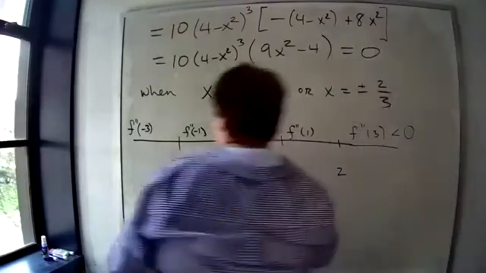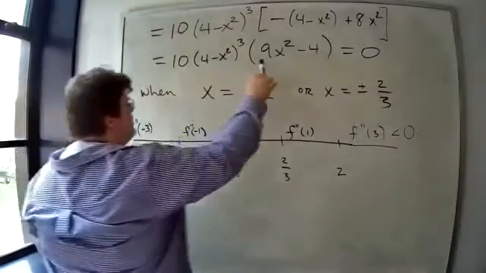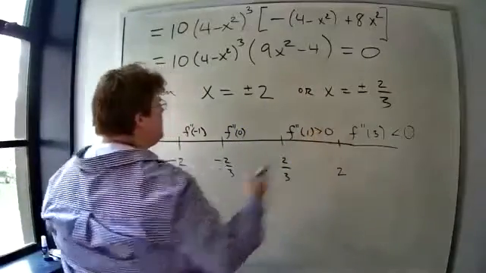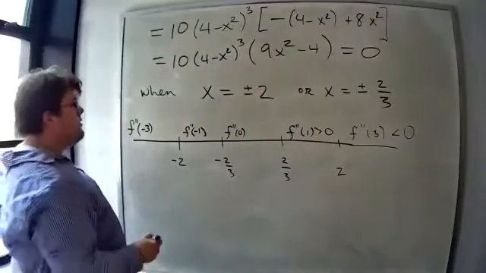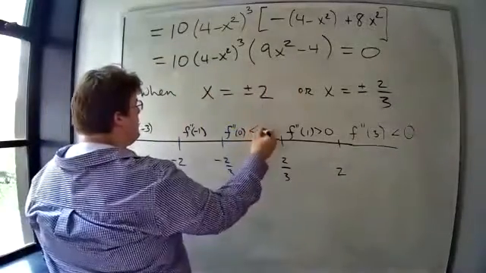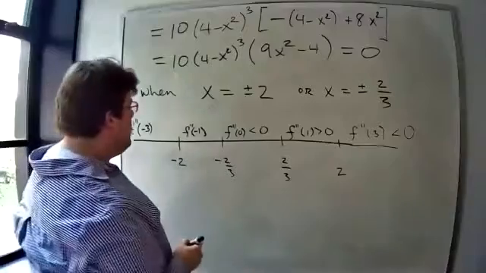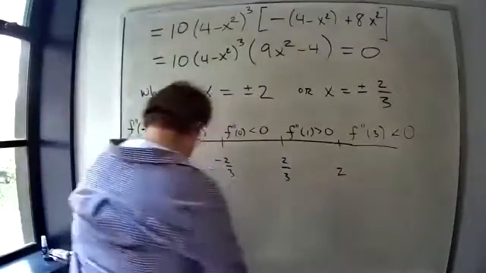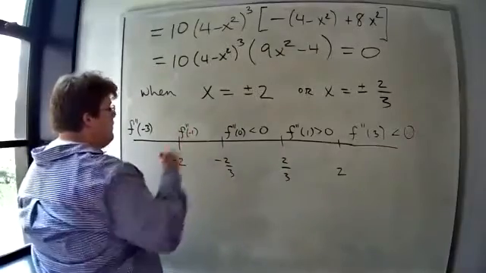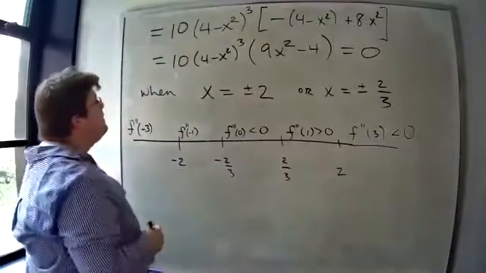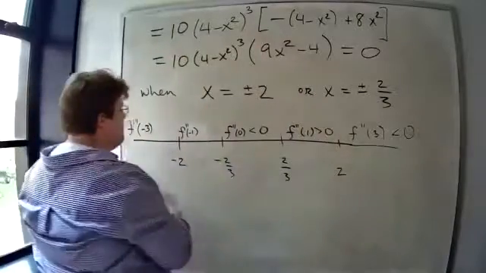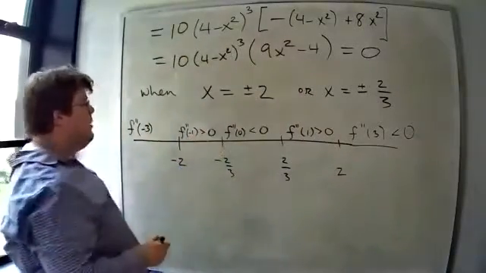At 1, we have positive, positive, positive, which is positive. At 0, positive, positive, negative. At negative 1, it'll be the same as at 1. Why? Well, we have a positive and a positive, which is positive.